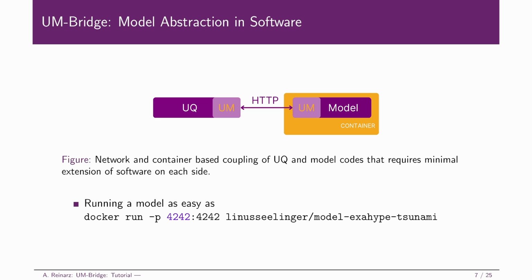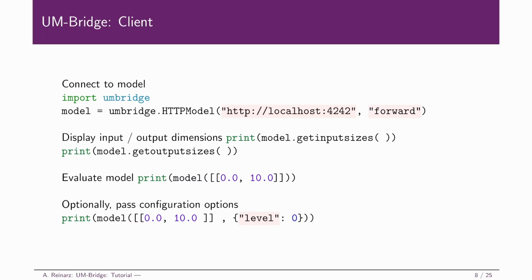And so now what we'll be doing is we'll be using some of the models from the UM-Bridge benchmarks library in order to show you some more complex examples. And all of those are available for you to use as well. And they're on Docker Hub so that you can just run them wherever you are.